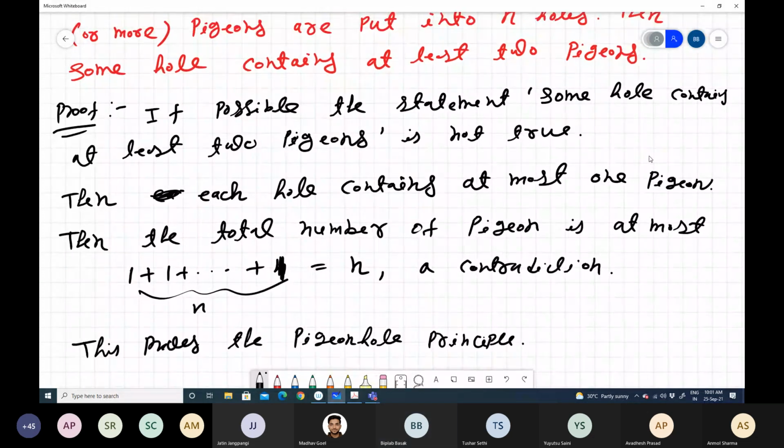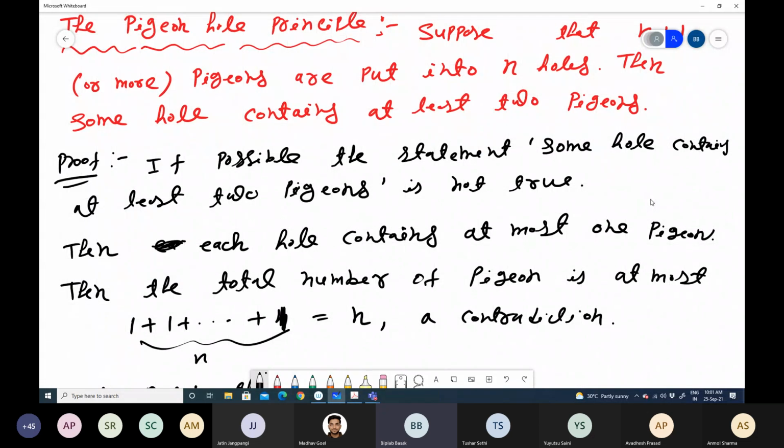Okay, now one trivial application of this. Suppose you have 13 people. Then you can easily say that at least two share a birth month, right?